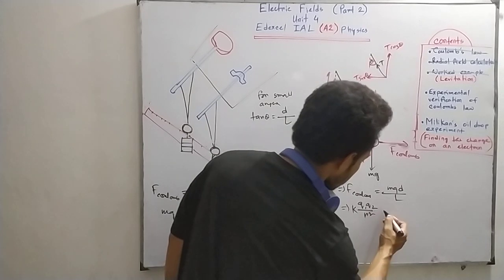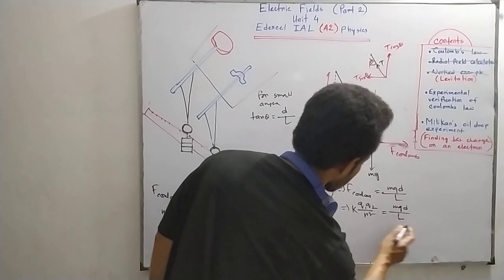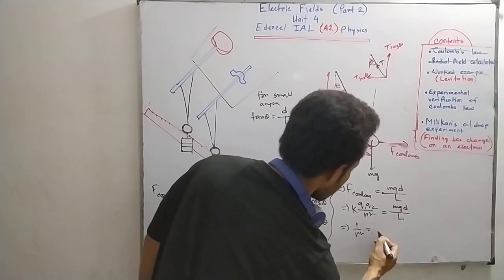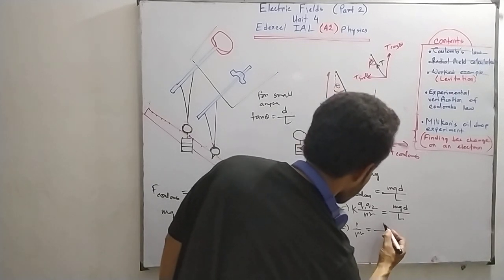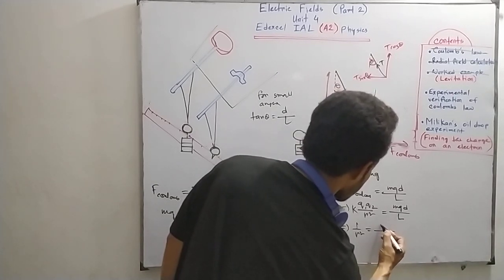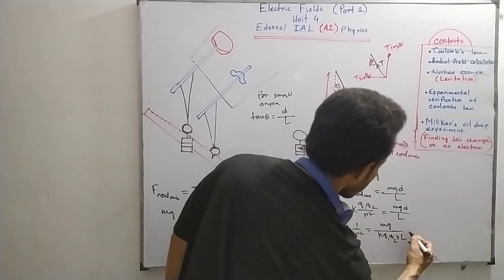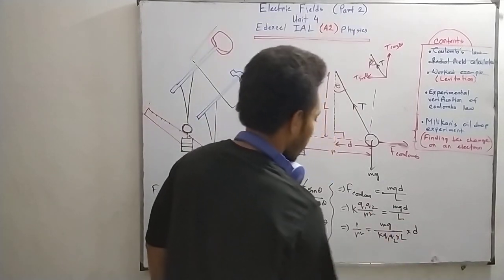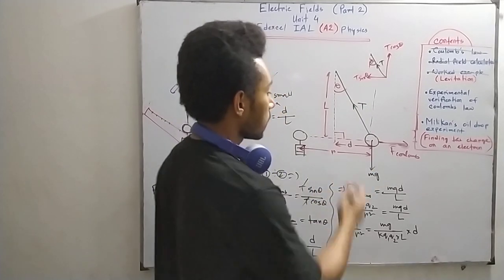So k q1 q2 divided by r square will be mgd by L. Now making 1 by r square the subject, 1 by r square is equal to mg divided by k q1 q2 L, into d. And if you vary r, you will find that d will also vary.